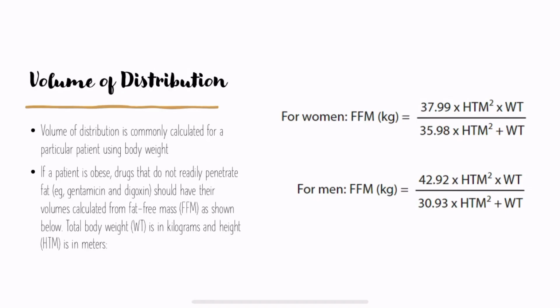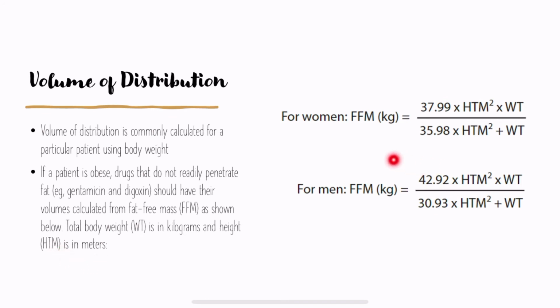Volume of distribution is commonly calculated for a particular patient using body weight. If a patient is obese, drugs that do not readily penetrate fat, examples being gentamicin and digoxin, should have their volumes calculated from a fat-free mass, as shown on the slide. Total body weight is in kilograms and height is in meters.